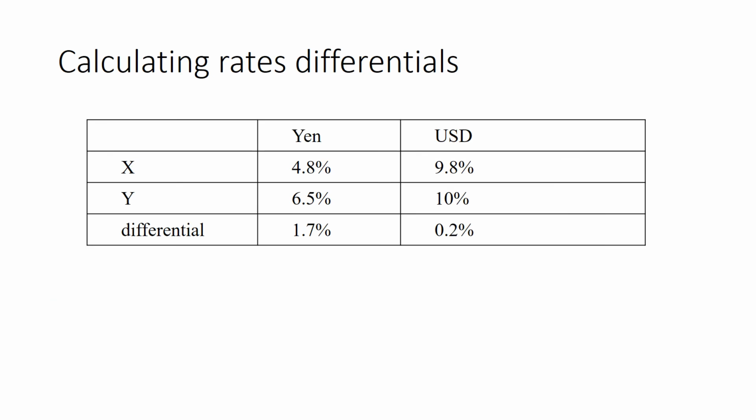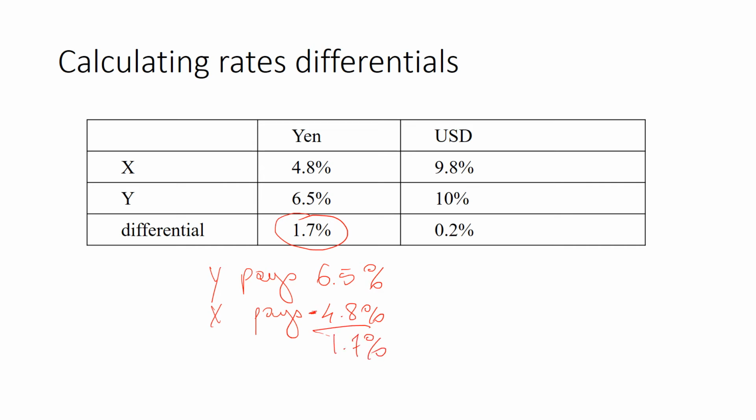So what you have here is the calculation of the differentials between the rates each company pays, and that's what matters. You can see here that Y pays 6.5% and X pays 4.8%. If you subtract, then you get 1.7%, yeah, 6.5 minus 4.8.